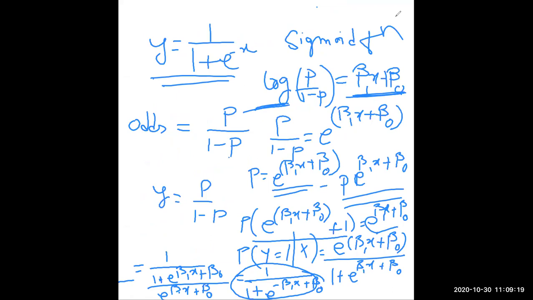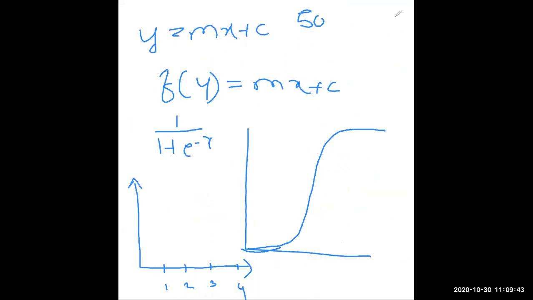Then you take the exponent, and in this simple derivation you get the logit function equal to 1 / (1 + e^(-(beta 1 x + beta 0))). The exponent term has the original regression equation y = mx + c, and this is where the word regression comes in, but it is based on log. That's why it is called logistic regression. This is how the sigmoid function comes about.